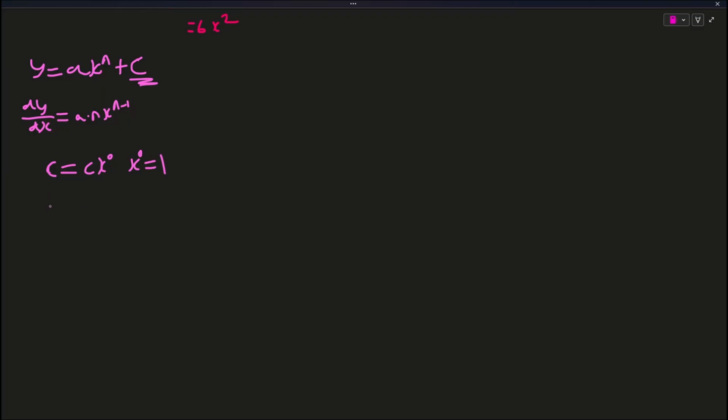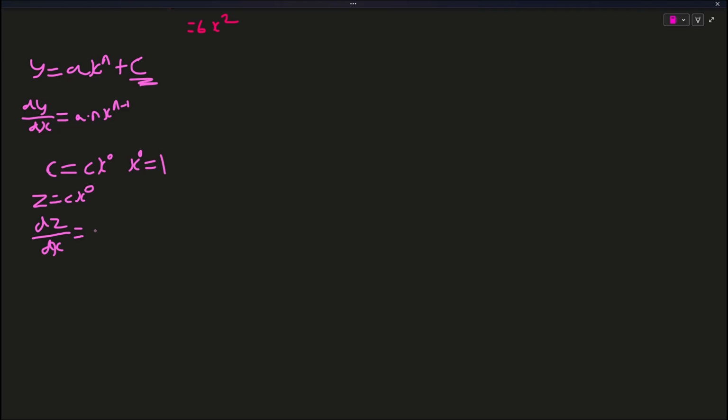So it's the same thing. So let's say we had another expression, let's call it z, just to make it different. So we had an expression z is equal to cx to the 0 and dz/dx. Why dz? Because we were differentiating with respect to x, and the function is z. So it's not y because the function isn't y.